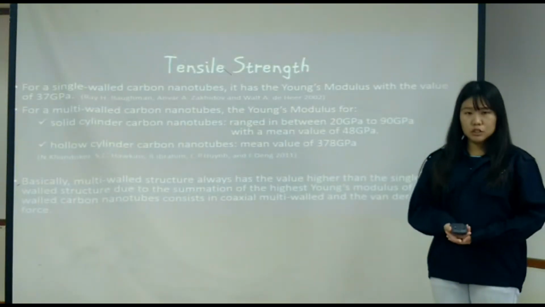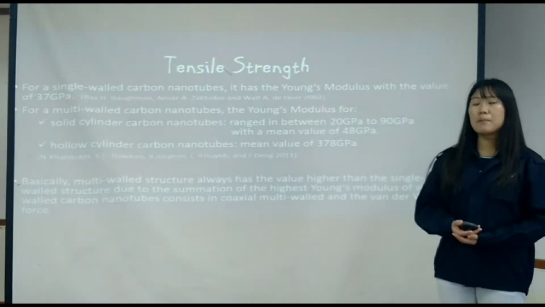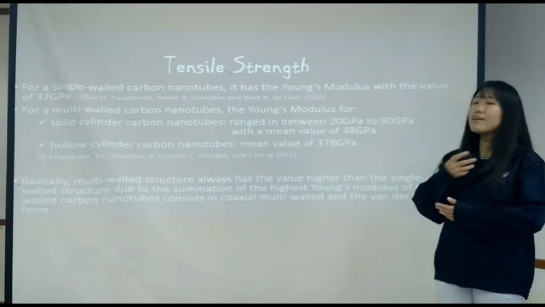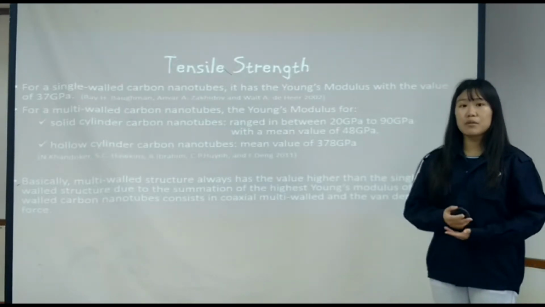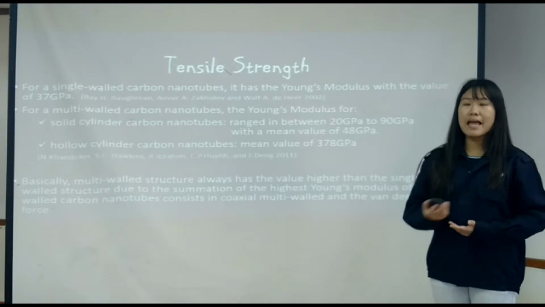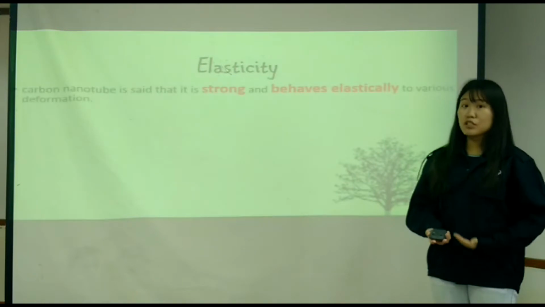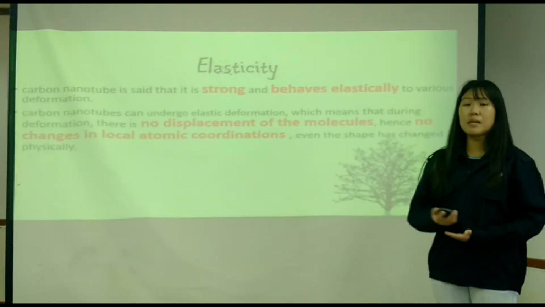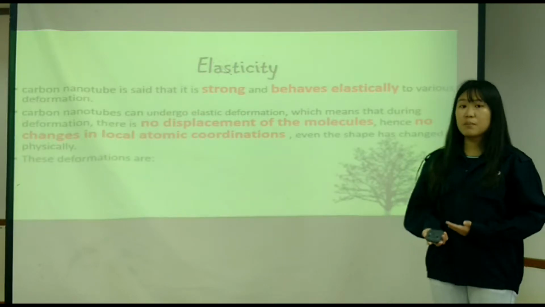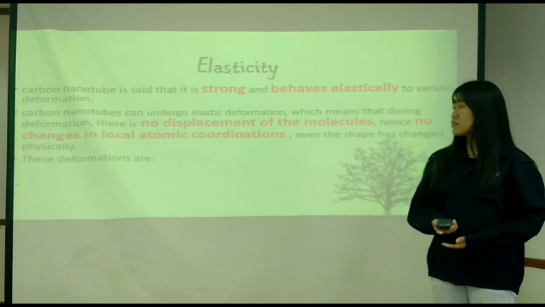Different types of carbon nanotubes have different tensile strength, but basically multi-wall carbon nanotubes have a higher value because of the summation of the highest Young's modulus of the single carbon nanotubes and the van der Waals force. The carbon nanotube is said to be strong and behaves elastically to different types of deformation, and these deformations are tensile, twisting, and bending.